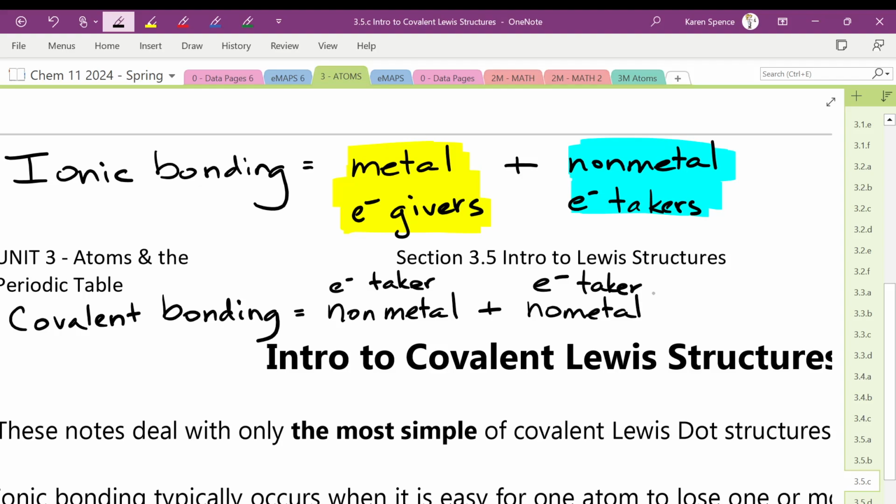Now, hydrogen, chlorine, non-metal, non-metal. Okay, so that means we're both electron takers. So we're both trying to take both electrons.